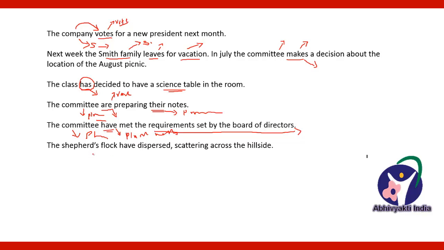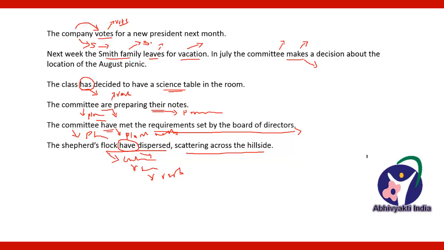The shepherd's flock have scattered or have dispersed, scattering across the hillside. Flock is a collective noun, so it will be taken as a singular noun and should take a singular verb. But here in the sentence it is not a singular verb, it is plural, that is have. Why is it plural?